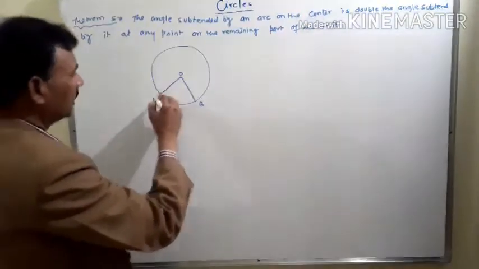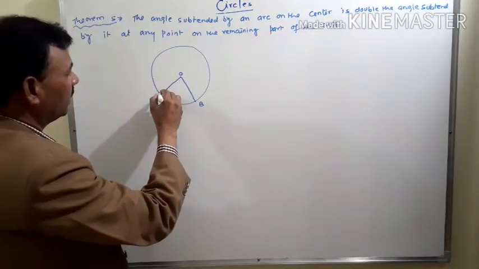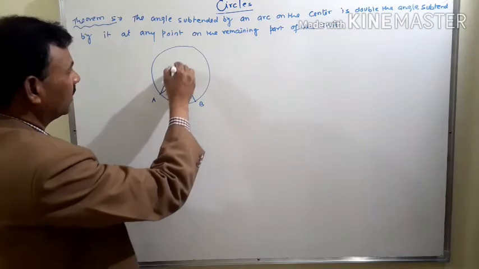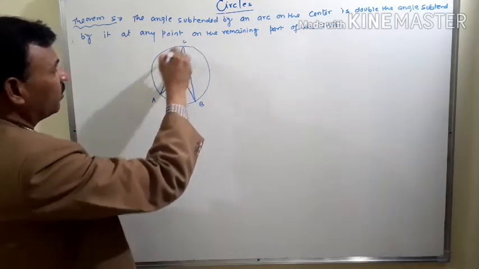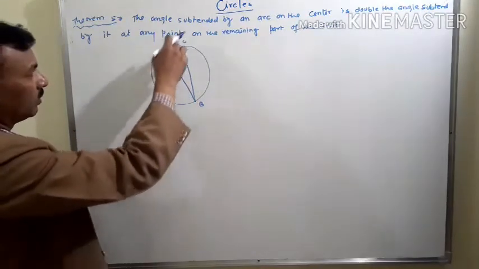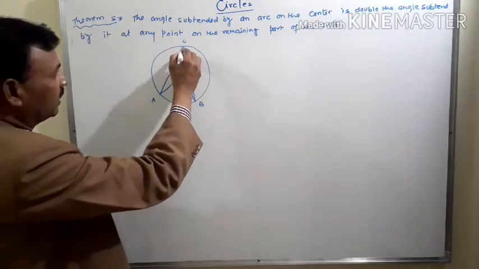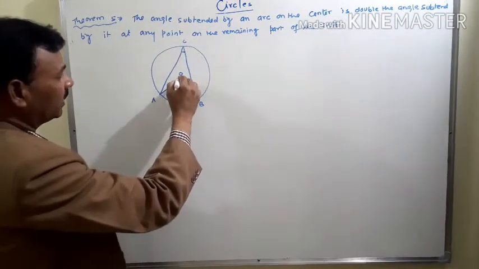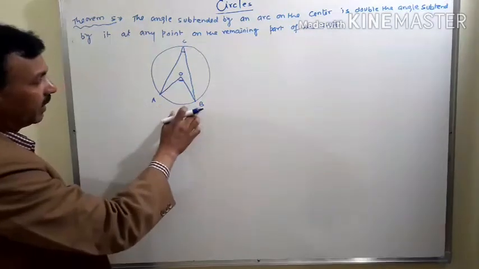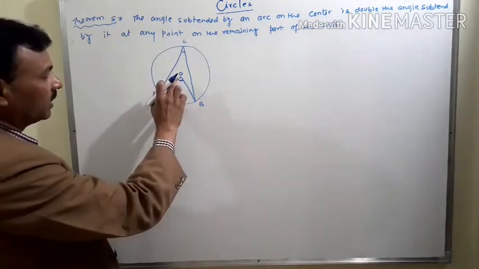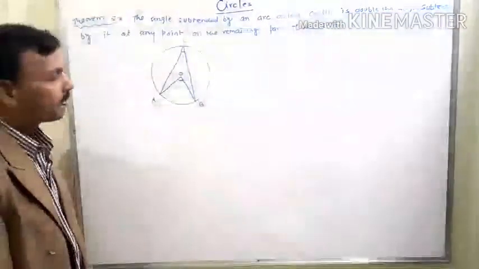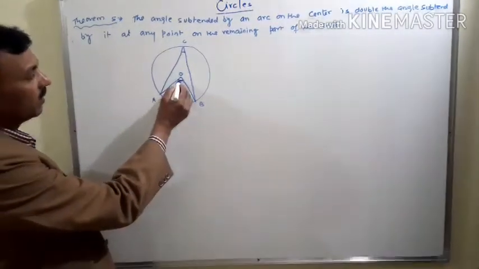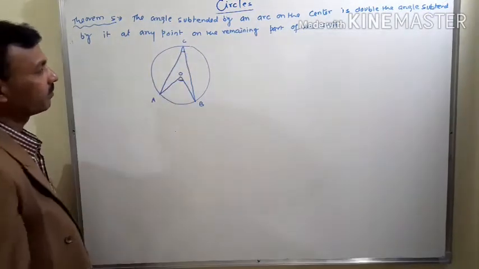Suppose C is a point on the circle and we join A to C and B to C. These two angles are subtended by arc AB, the first at the center of the circle and the second on the circumference, and this angle will be twice of this angle.